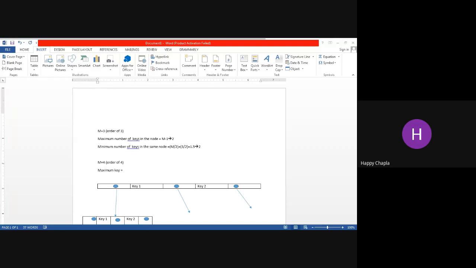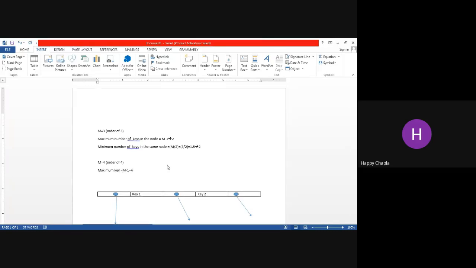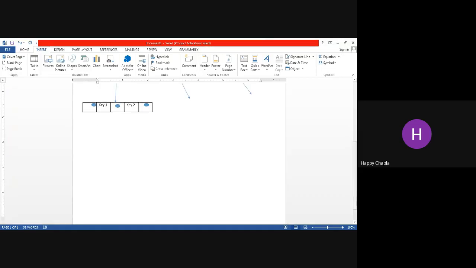What is the maximum number of elements we can store? Yes, that is 3. So how can you decide that is m minus 1, so equals to 3? Minimum is equals to what? Great. So m divided by 2. So the answer equals to 2. Ceiling value is 2. So we can store maximum 4 values in the same node and minimum 2 values in the same node.